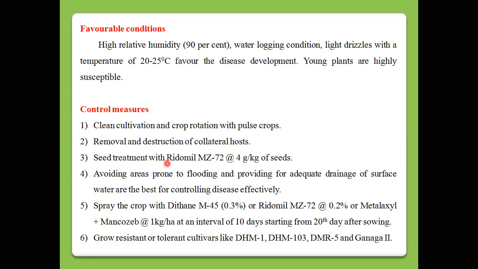Then seed treatment with Ridomil or metalaxyl at the rate of 4 gram per kg of seed, because initial infection also takes place through use of infected seeds for sowing. Then avoid areas prone to flooding and provide adequate drainage of surface water.